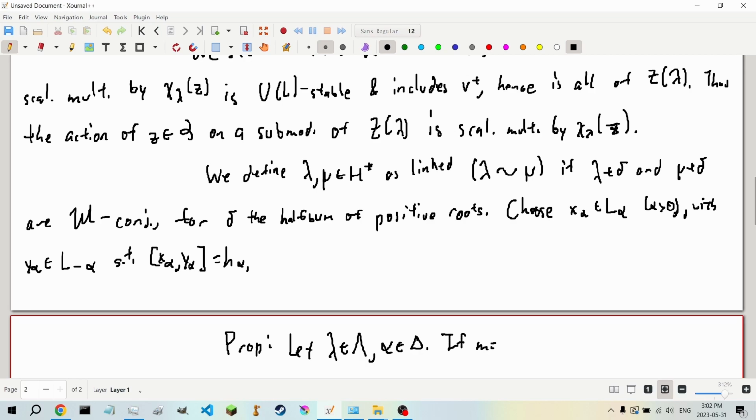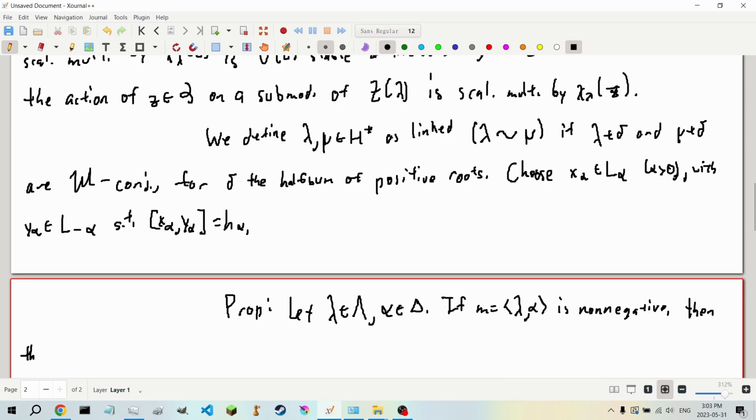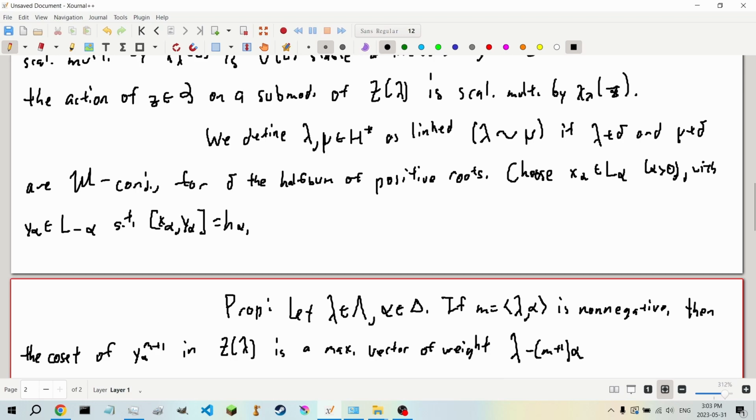If the integer m, the angle bracket of lambda and alpha, is non-negative, then the coset of y alpha to the m plus 1 in Z lambda is a maximal vector of weight lambda minus m plus 1 times alpha.